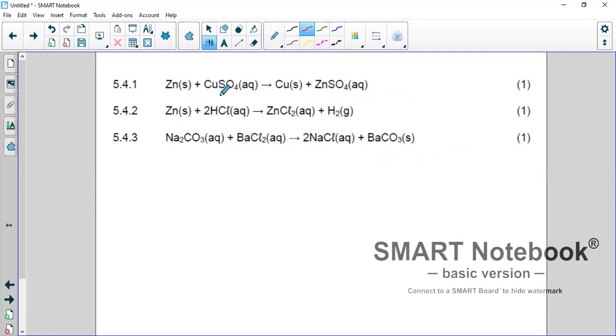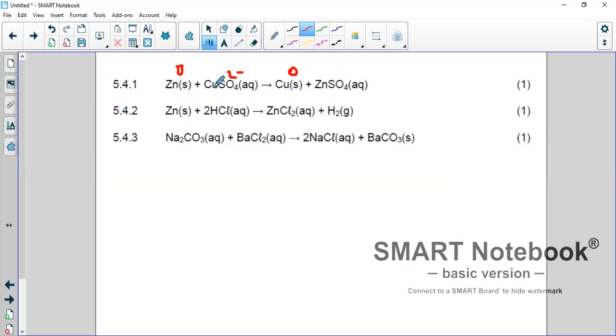When you look at zinc, zinc is not bonded to anything, so we give it a charge of 0, oxidation number 0. And this copper here is not bonded to anything, so we give it a 0. We want to see if the charges are going to change. Copper sulfate: sulfate we know is 2 minus, SO4 is 2 minus.